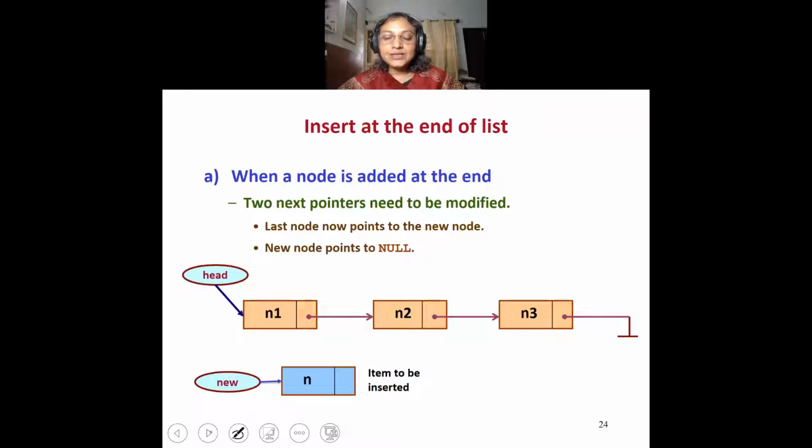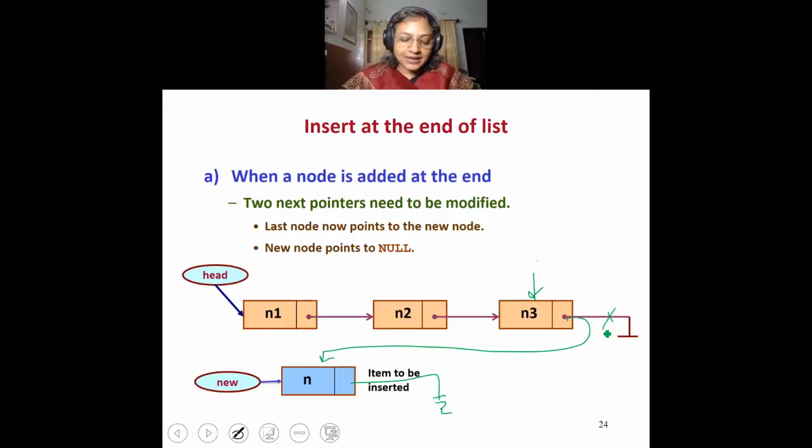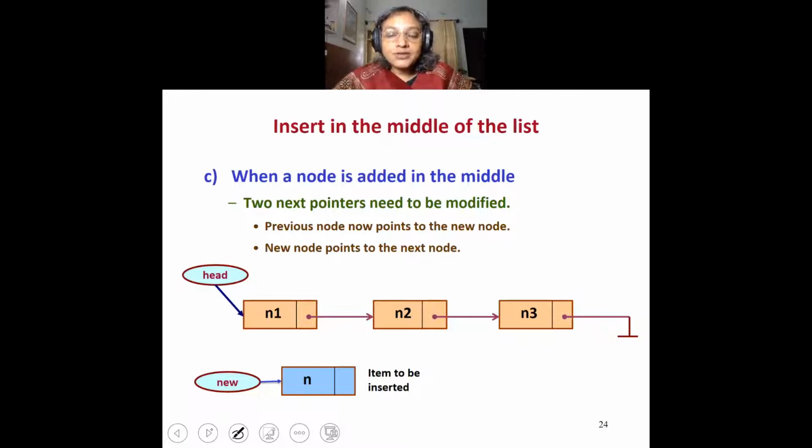Then how to insert a node at the end of the list? Again, we need to modify 2 pointers. This is the last node. We have to get the pointer to the last node, and then make the last node point to this new node, and this new node will now point to null. So this is what we have to do if we want to add a node at the end. What if we want to add a node in the middle?